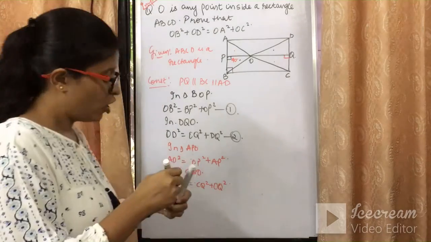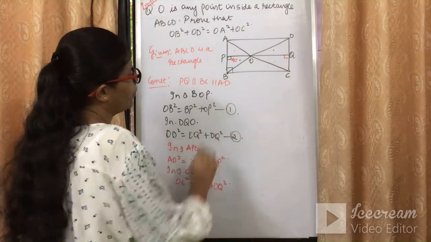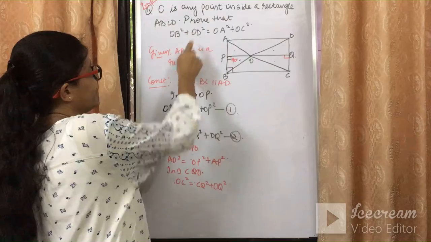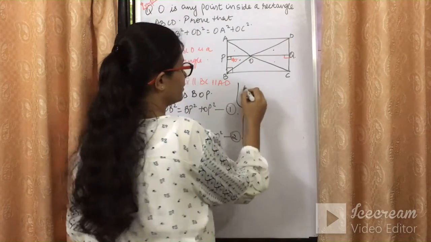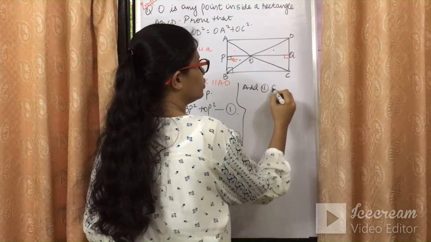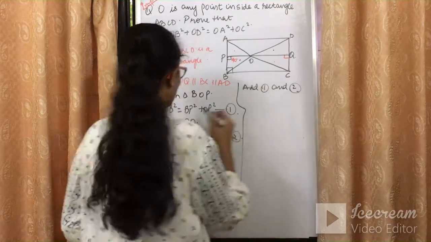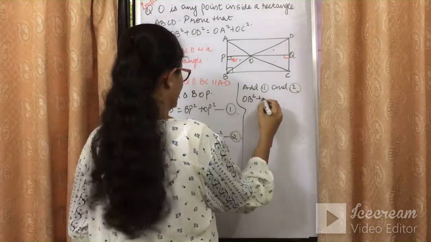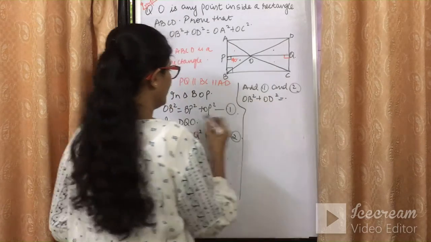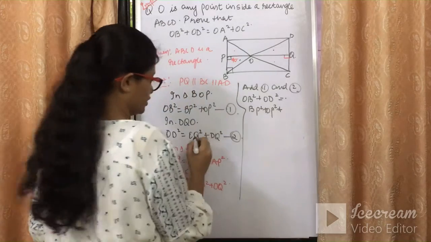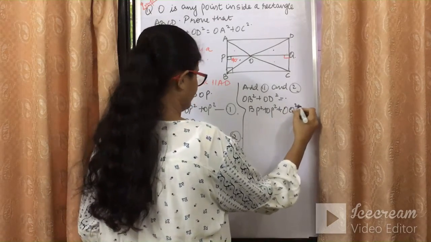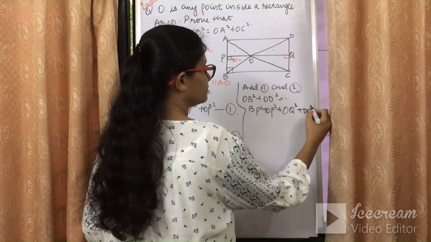Isn't it? Now can we add 1 and 2, because what we want on the left hand side is the summation of OB square and OD square. So I add 1 and 2. If I add 1 and 2, I will get OB square plus OD square will be equal to BP square plus OP square plus OQ square plus DQ square.